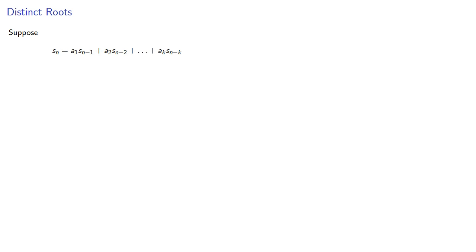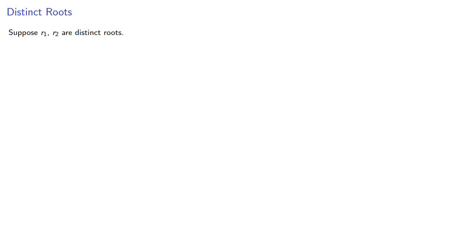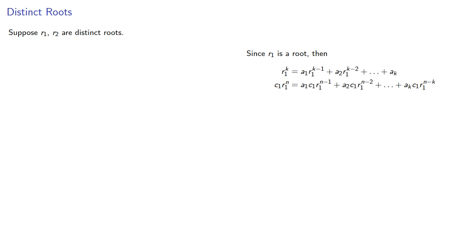Now suppose we take our kth order linear recurrence relation. The characteristic equation will be a polynomial with several roots. So which one do we use? In general, all of them. Suppose r_1 and r_2 are distinct roots. Then since r_1 is a root, we have this, and so multiplying everything by C_1, this tells us that S_n is in fact the sum of the previous terms.